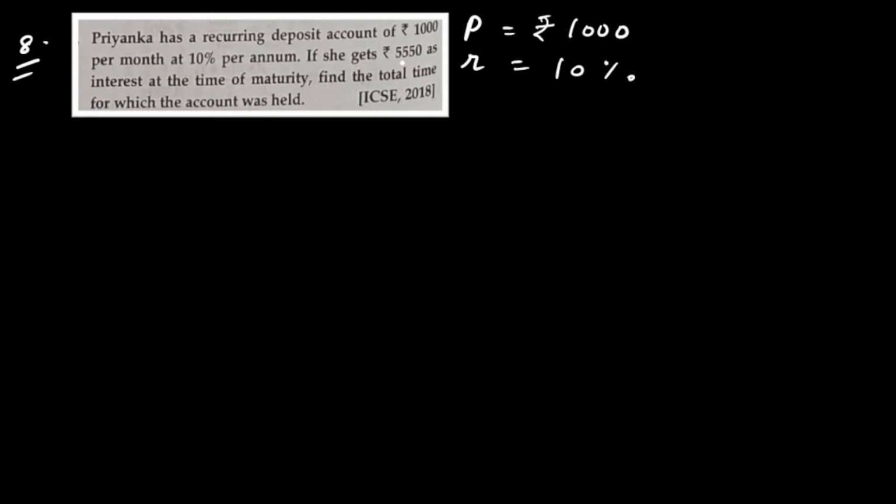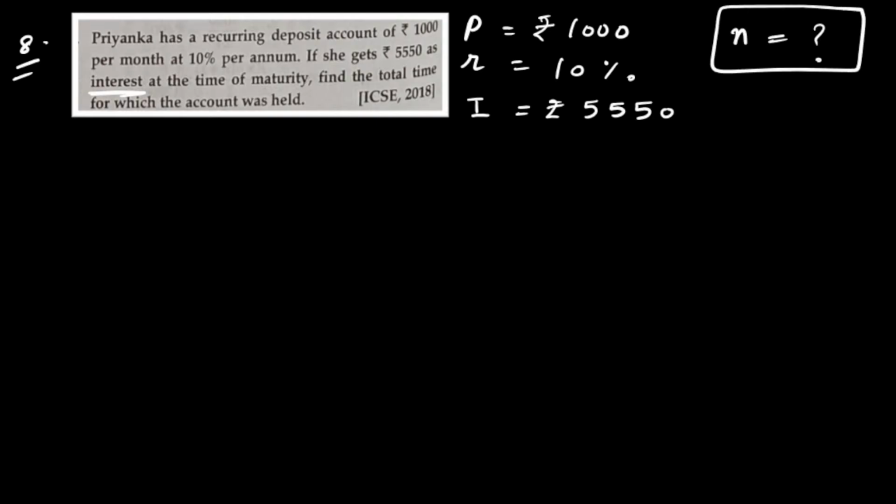She gets 5550 as interest at the time of maturity. That means I is given to us as 5550. Find the total time for which the account was held. Total time here is N, so N we have to find.